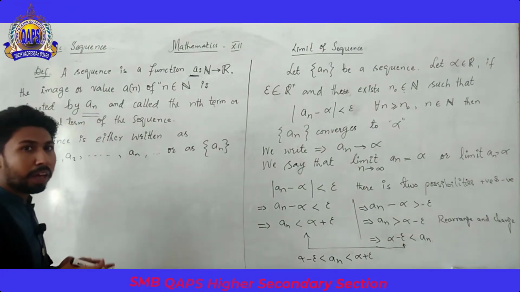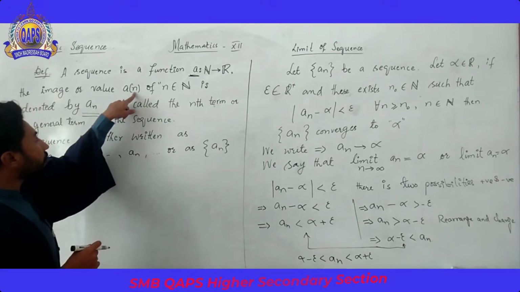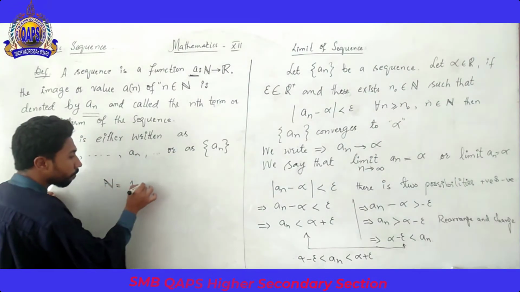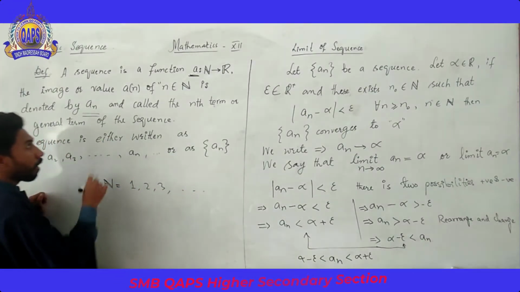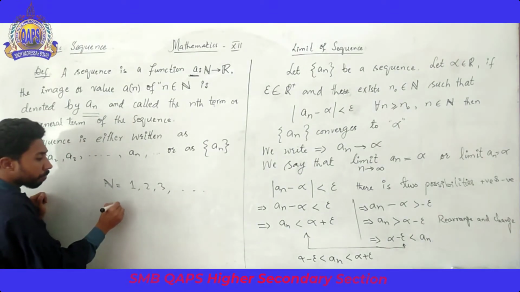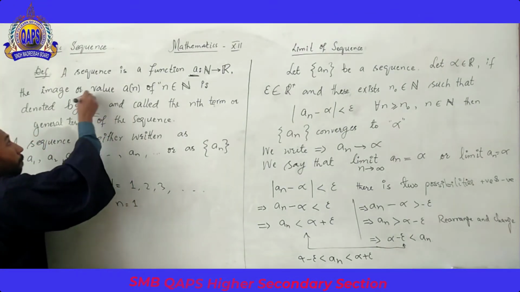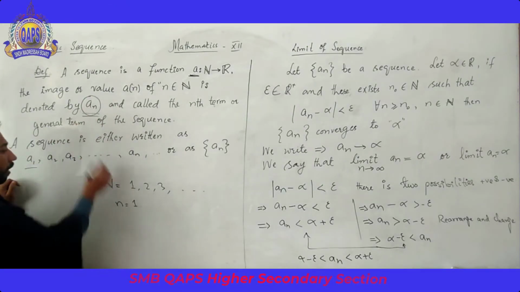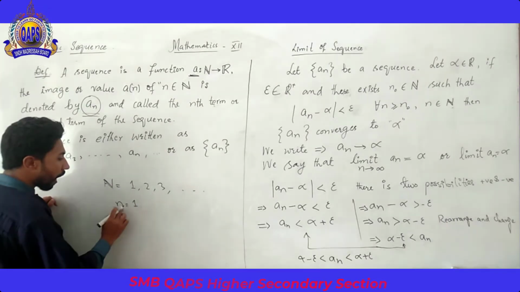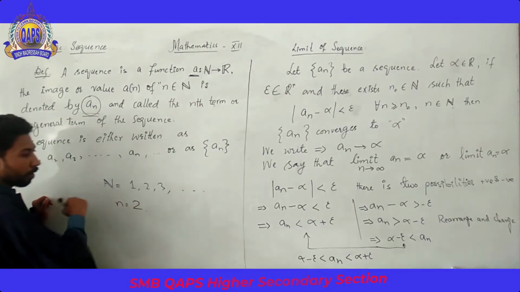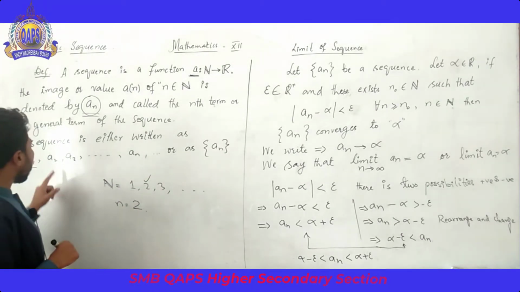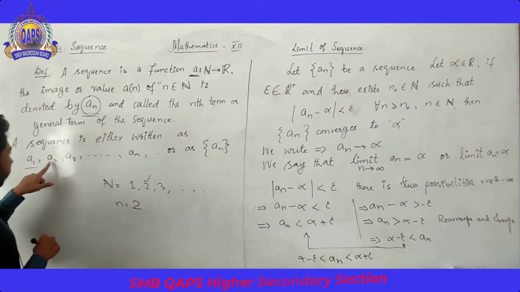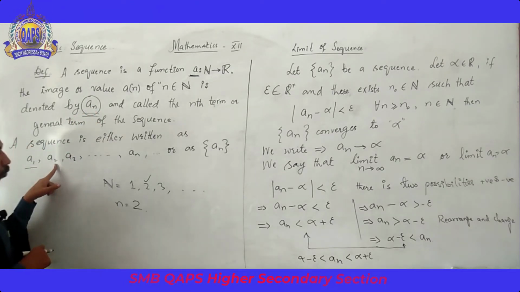All the numbers are denoted by a_n, because if we put n equals 1, since the natural numbers start from 1, 2, 3 and so on, then it must represent a1. If we put n equals 2, then it must represent a2.